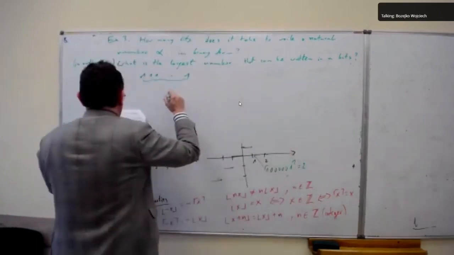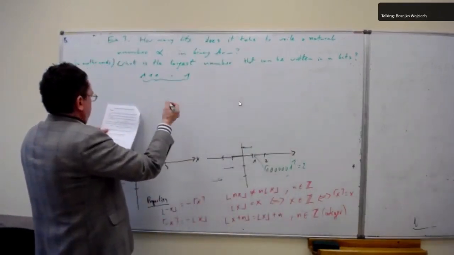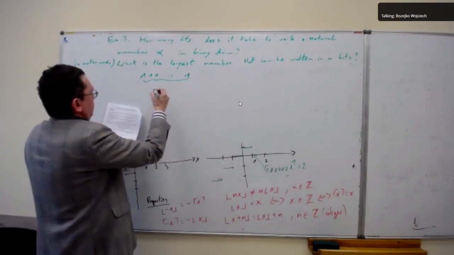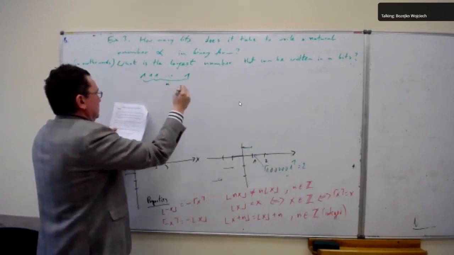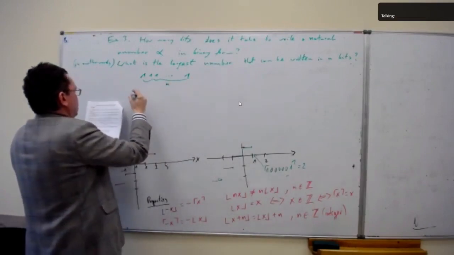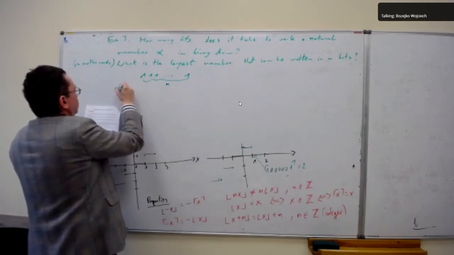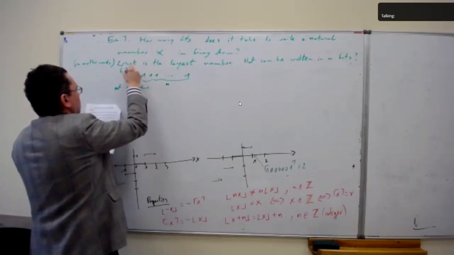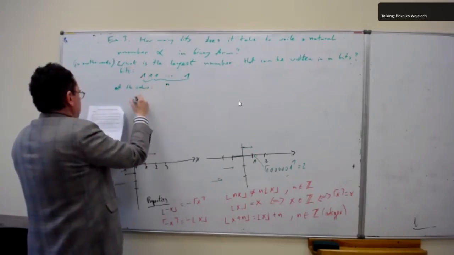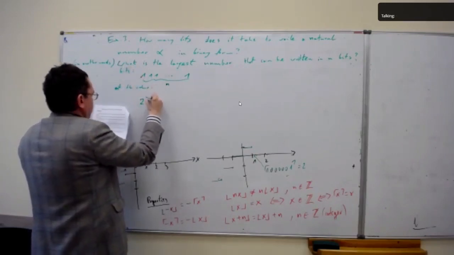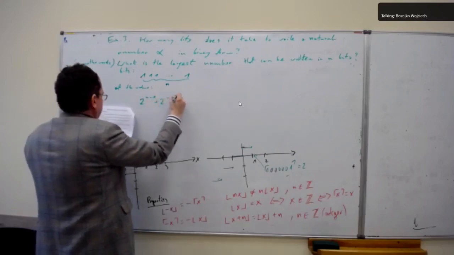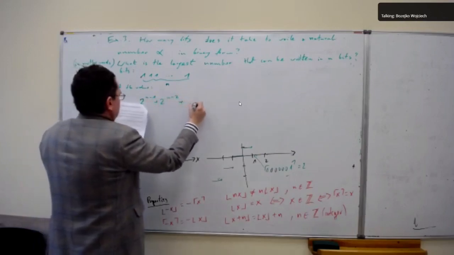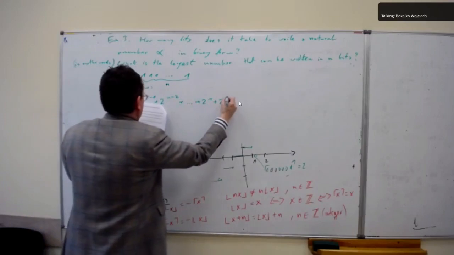So we have to take n ones, and the value of such a number will be 2 to the power of n minus 1 plus 2 to the power of n minus 2, and so on, 2 to the power of 1, 2 to the power of 0.